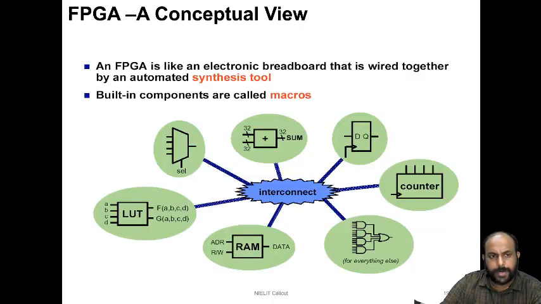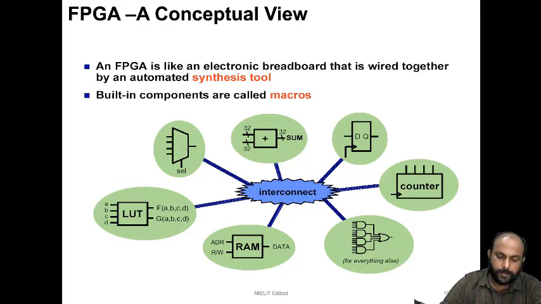Now let's try to understand what an FPGA is. This is an intuitive view of FPGA. This is not what an FPGA is. Okay, but for those people who are totally new, they can imagine it as a breadboard kind of stuff, where you are given most of the macros.